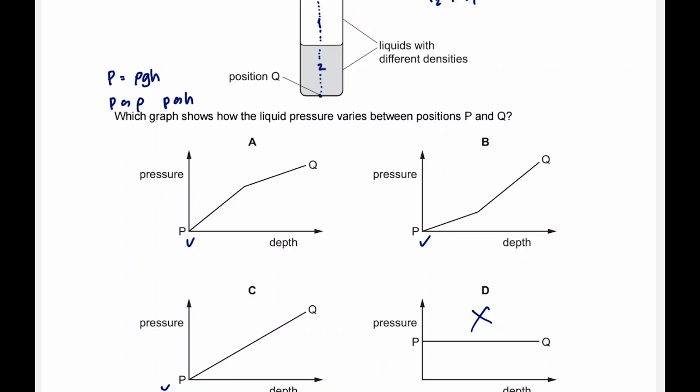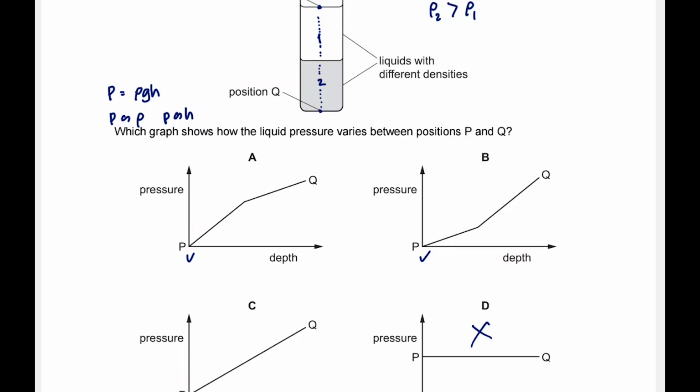So the gradient must be more in liquid 2, which eliminates option C because it's a straight line, so there is no difference in the gradient. We have A and B, and from the drawing we can tell that in B the second part has greater gradient. Okay, so B is the answer.